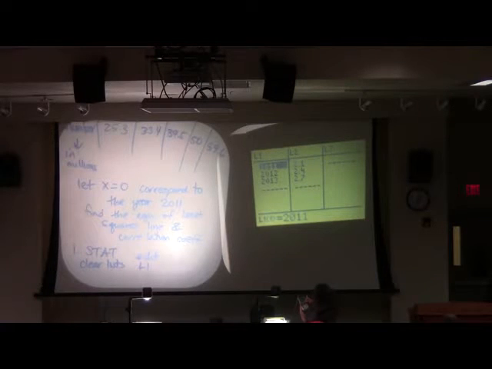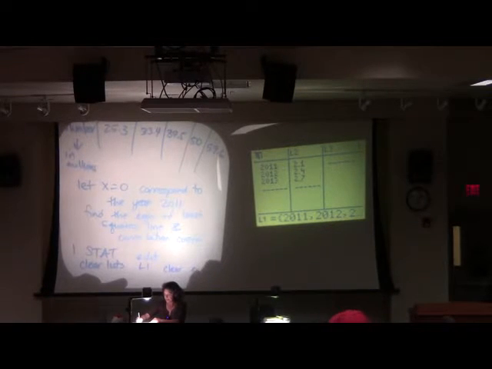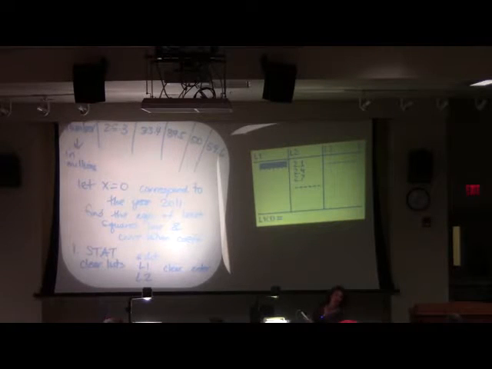Over and up, see how it's on L1? In order to clear that list, I hit clear, enter. And then we're going to do the same thing for L2. I'm going to hit clear, enter. All gone. Then I go over to L2, go up to it and hit clear, enter. You guys with me this far?